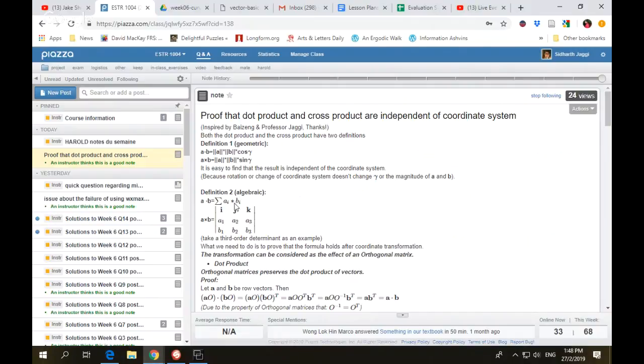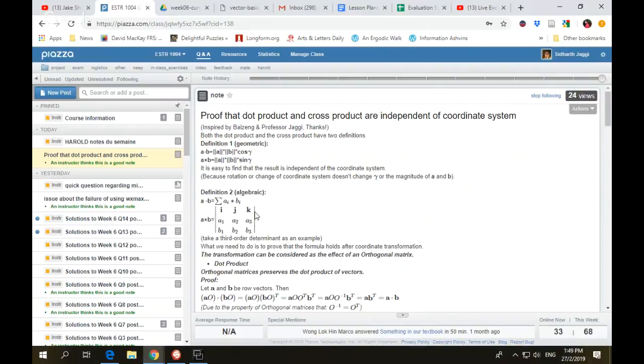We also taught you an algebraic definition: for the dot product, in terms of summation of the components, and for the cross product, in terms of this weird determinant. A priori, it's not clear why these two definitions of the dot product are the same, or why these two definitions of the cross product are the same.